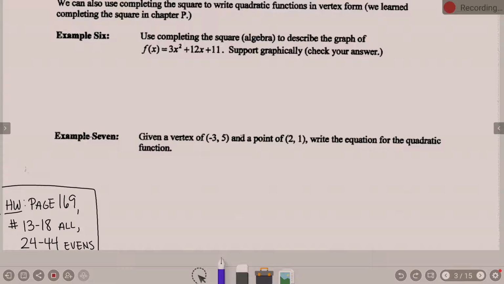So, do we remember anything about completing the square? No? That's a valid answer. It's negative, like, reciprocal.